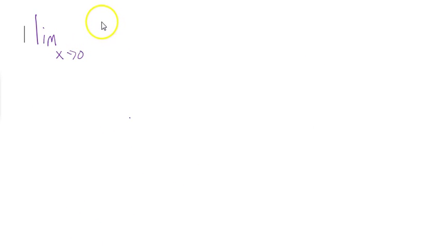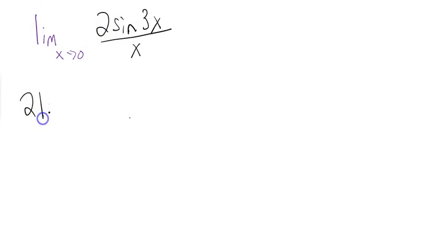Okay, so the question has come up, what happens if it was like a 2 sine 3x over x? This 2 can be moved out front like this, so it'd be 2 times the limit as x approaches 0 of sine 3x over x.